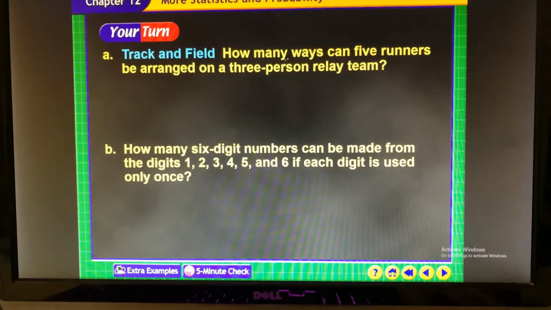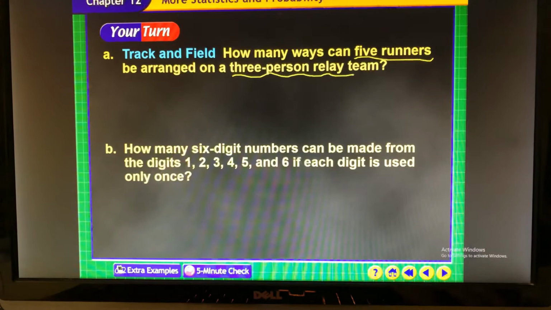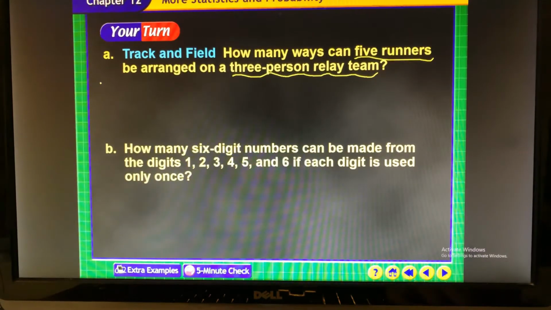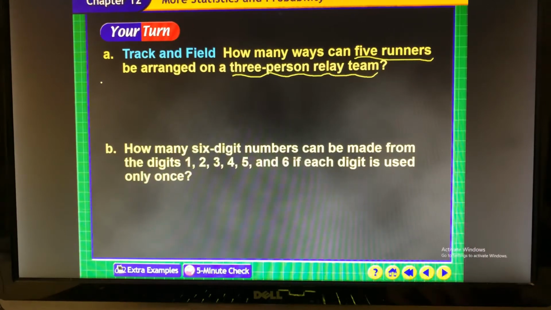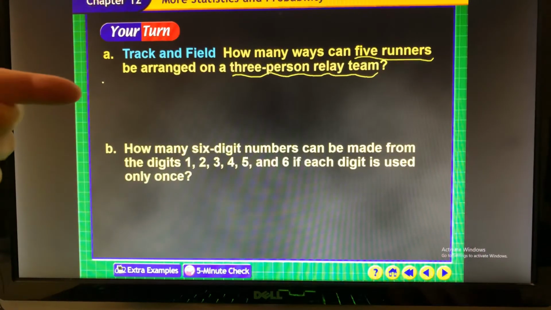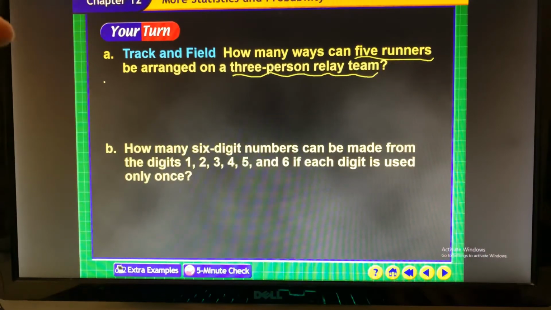All right. How many ways can 5 runners be arranged on a 3-person relay team? Well, whenever you're doing a relay team, order matters, because once you put somebody in the first place, that matters. You used that person and you used that place.